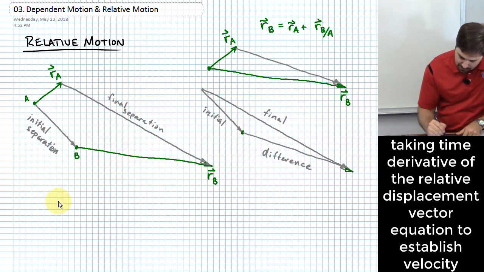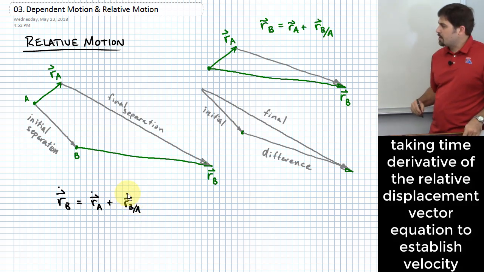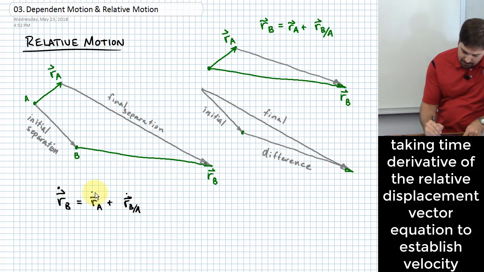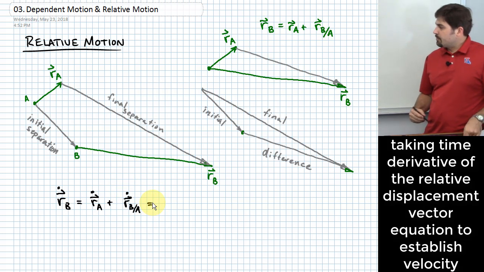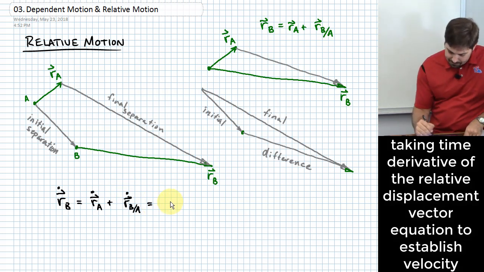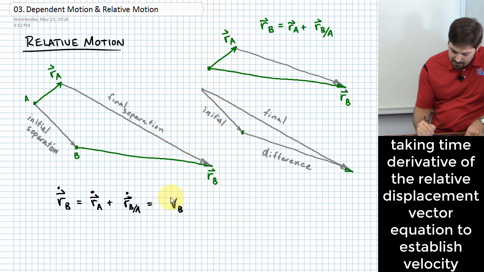If you take the time derivative of this, the motion of B is equal to the motion of A plus the motion of B relative to A. What's another way to write this with these time derivatives that I've written above them? The time derivative of a position vector R sub B is a lot of times just written V sub B. Why V? It's V because it's a velocity.